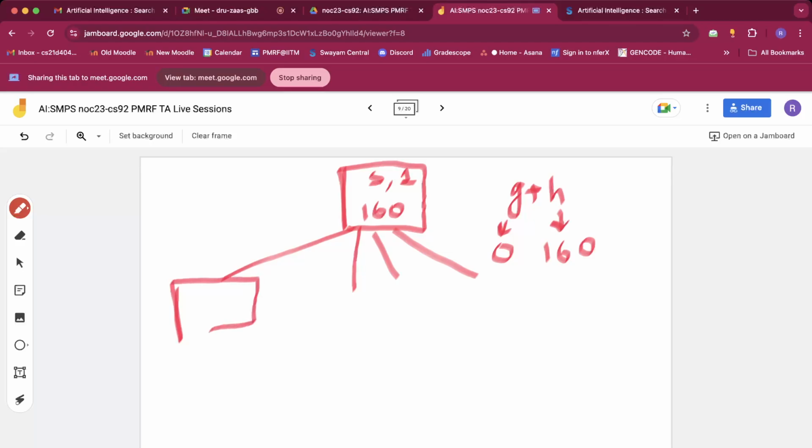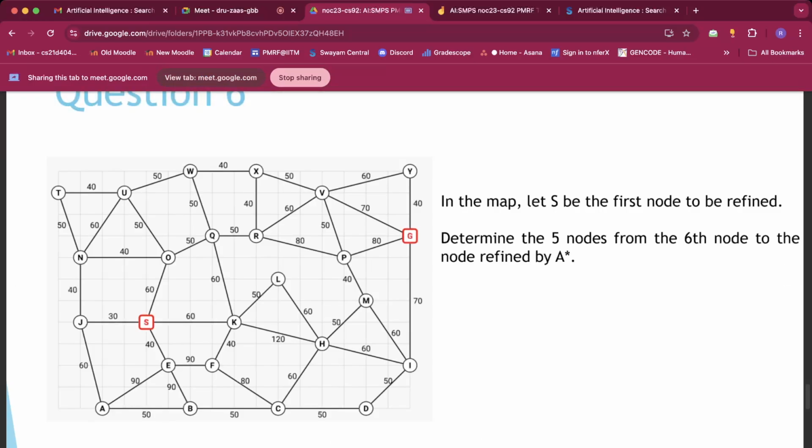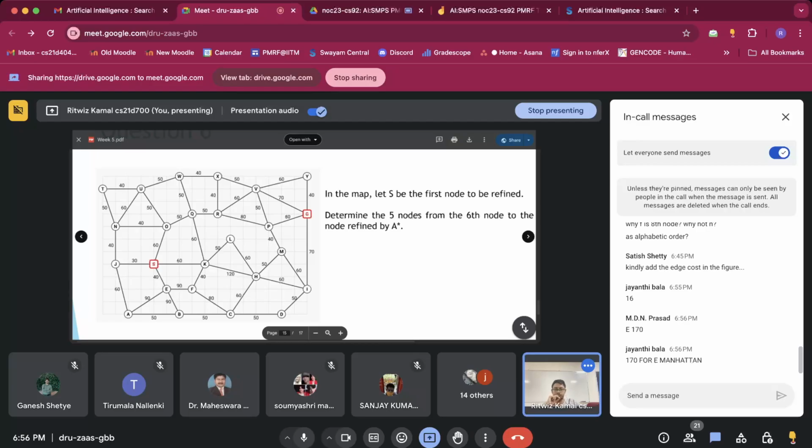So for E we would have, what would be G? G would be 40 plus the Manhattan distance or a heuristic value for node E. Can someone quickly compute that and tell me what it would be for nodes E, J, K and O? Okay, 170 for E. Let's write that down.